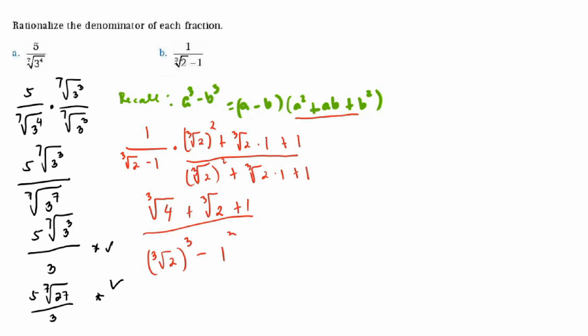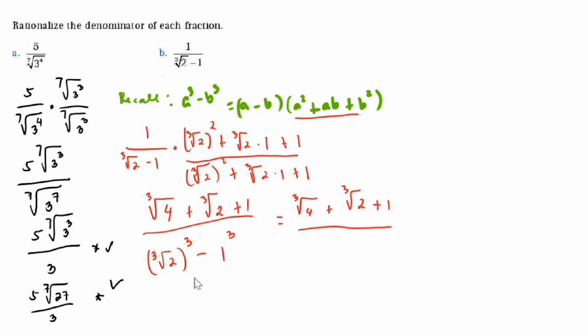We have 1 cubed. So therefore, the numerator is already in the simplest form, so I'll copy this one: the cube root of 4 plus the cube root of 2 plus 1 all over. This one will be cancelled, the 3 here and that 1.